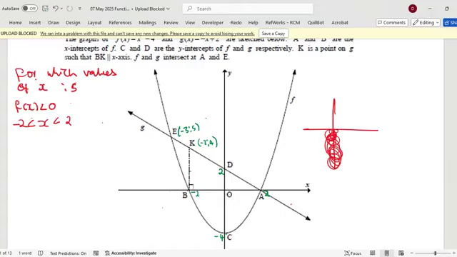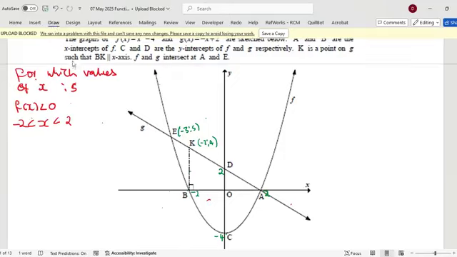Any number here, y is negative. Between these two numbers, y will always be negative. I'm just trying to repeat. Does it make sense so far? My people are quiet. Yes. I just assume that, yeah.